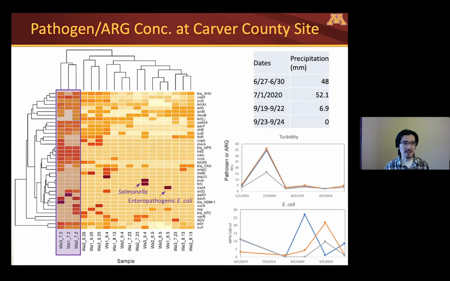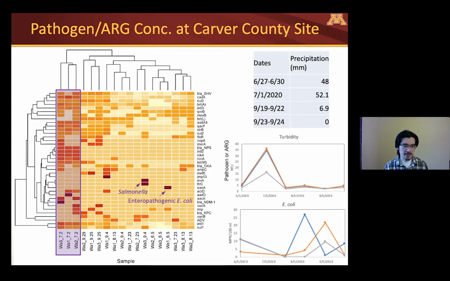What that means is in these samples, similar genes were detected at similar concentrations. You can visually see that based on this heat map. For example, you see these genes are detected in all of these 3 samples.